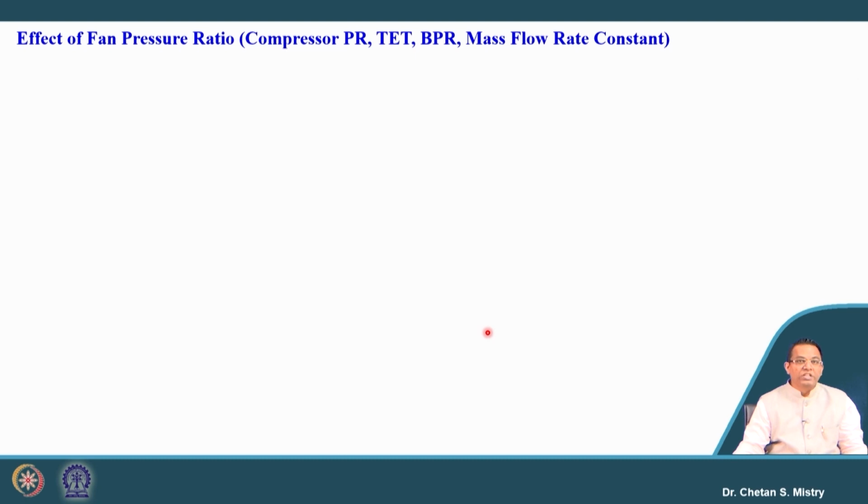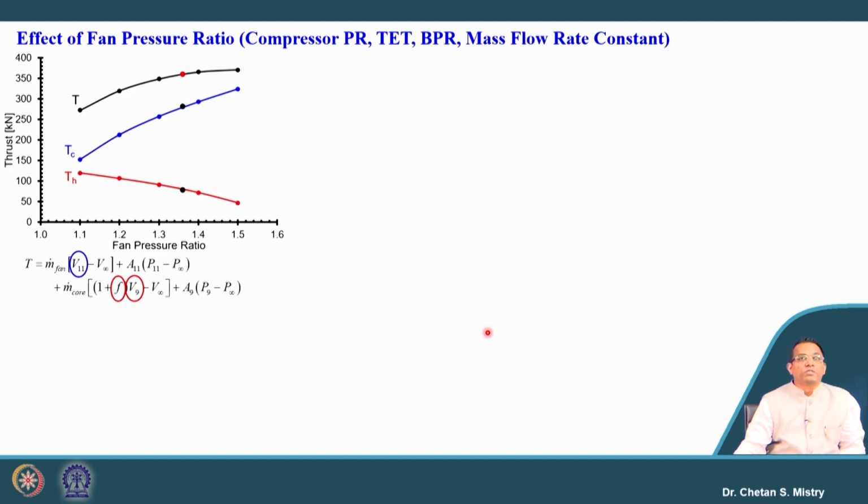When we change the fan pressure ratio, the first parameter of interest is thrust. If we look carefully, when we increase the fan pressure ratio, the cold thrust will increase. This increase is because the exit velocity from the nozzle will be higher.